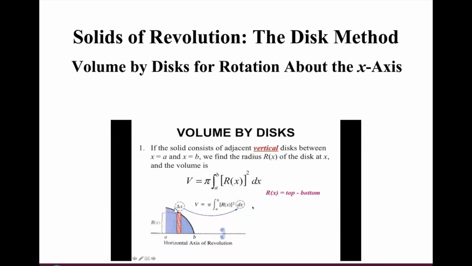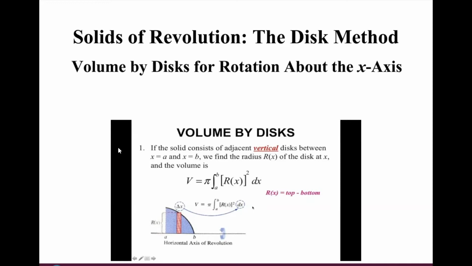This looks like a piece of a circle, and you see this arrow going around the x-axis. We're going to revolve this semicircle around the x-axis, and what we're going to end up with will be part of a sphere. So this is a specific kind of solid. It is a solid that is generated by revolving a curve about really any straight line. Usually it will be either the x-axis, the y-axis, or some other horizontal or vertical line.